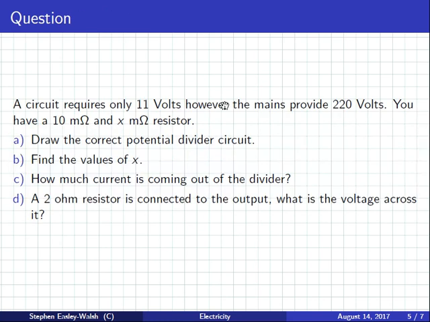So, I am very happy. Let's have a look at our first example here. A circuit requires 11 volts. So here's a real example. These are providing 220, but maybe something like your laptop or your phone only needs 11. So if you connect this directly, that's too much. In this picture you've got a supply, 220 we'll say.